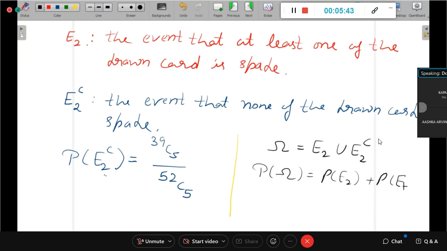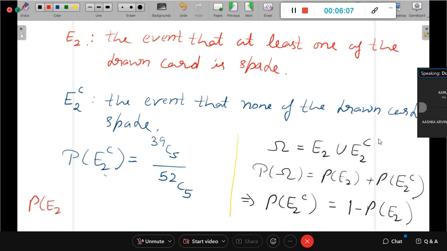So probability of omega equals probability of E2 plus probability of E2 complement. This gives the relation that the probability of E2 complement equals 1, the probability of the full sample space, minus the probability of E2.